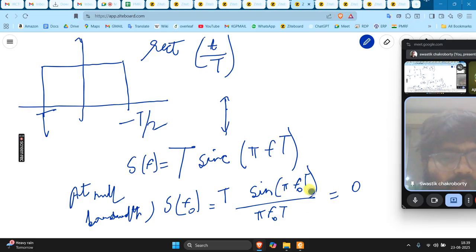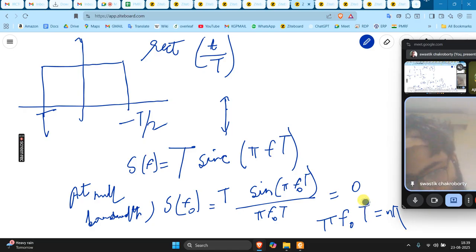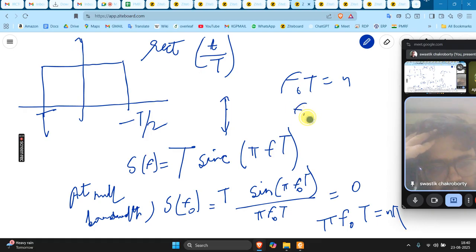So ultimately, for this to be 0, this term has to be a multiple of pi. So pi f naught t is equal to n pi, because whenever sine has n pi or multiple of pi in its argument, it will go to 0, and hence the power spectral density goes to 0. So f naught t will be equal to n, or f naught is equal to n by t.